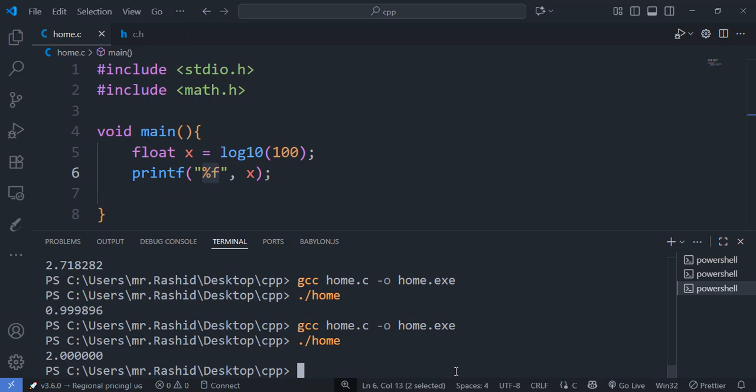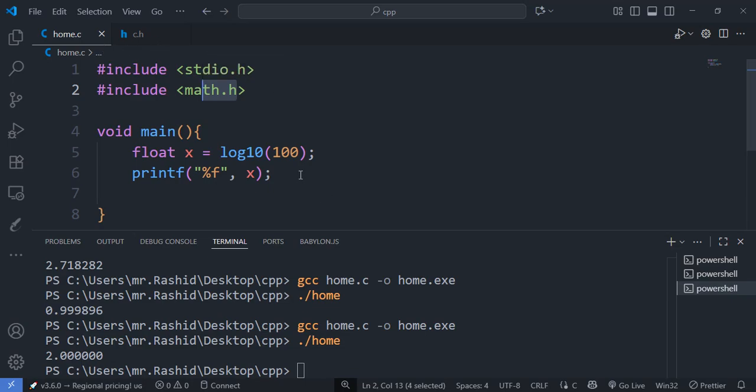We have other functions found in the math library, which include the rounding functions. These include ceil, which rounds up to the nearest integer.